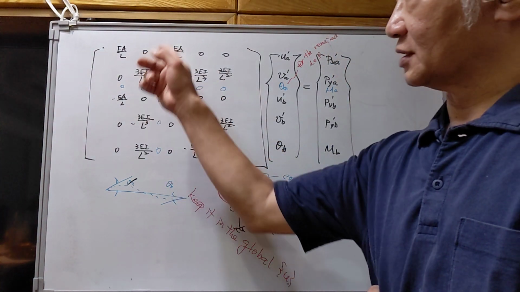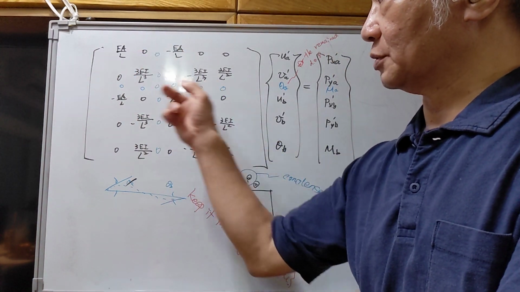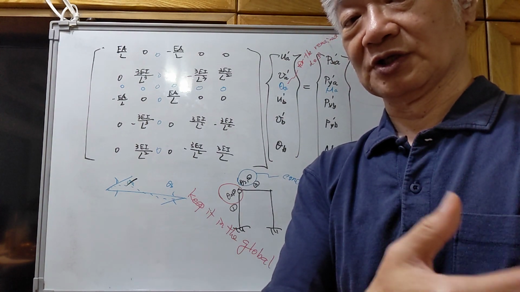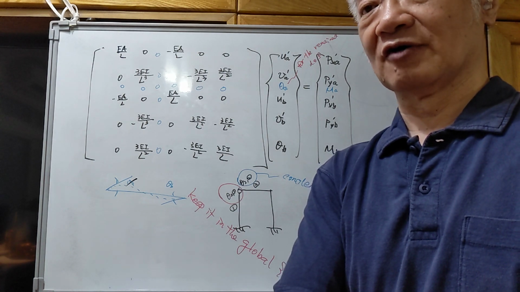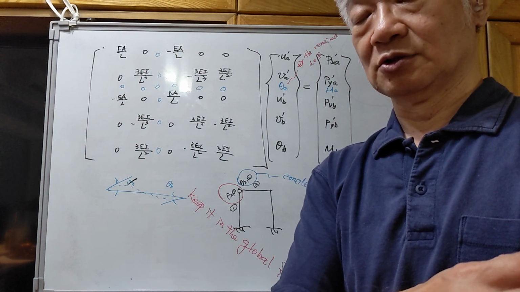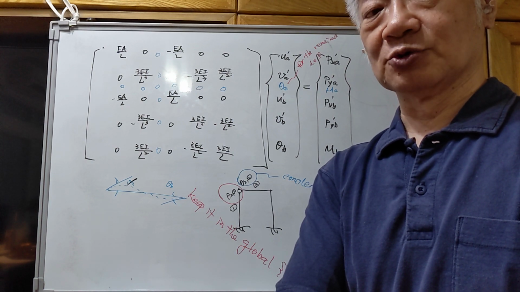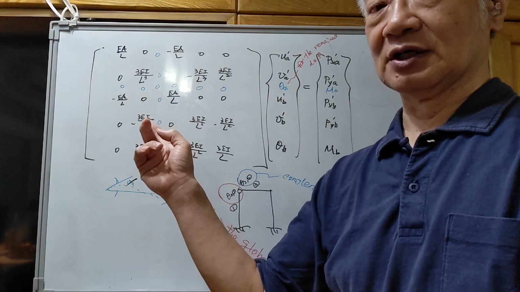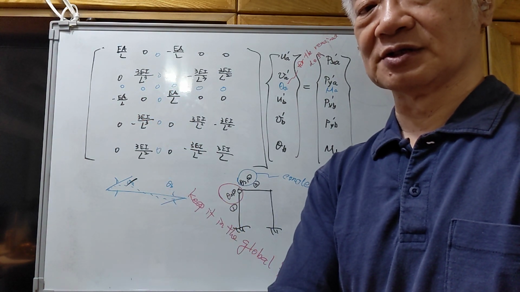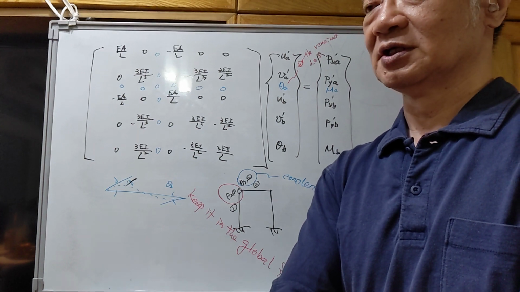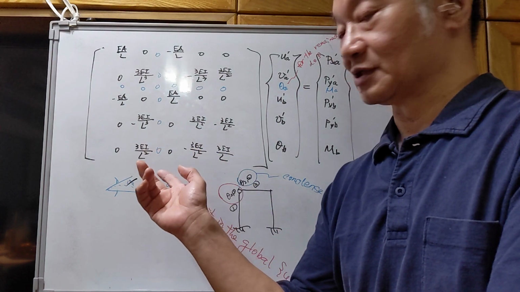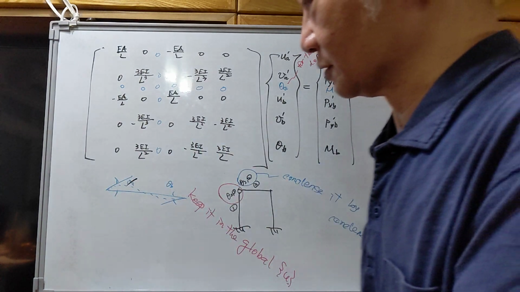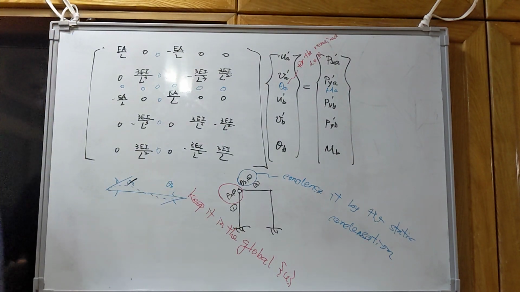So that's usually what we will do: add the zeros back. The only advantage of this is we can restore the common rule for all elements, since the element stiffness matrix is still a 6 by 6 matrix.